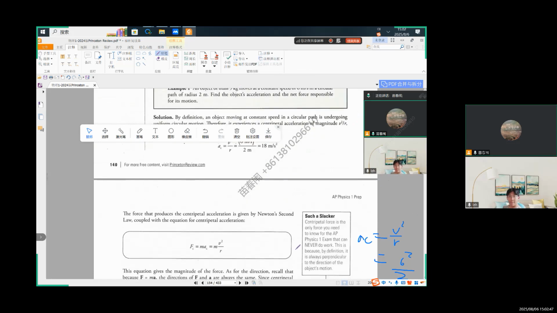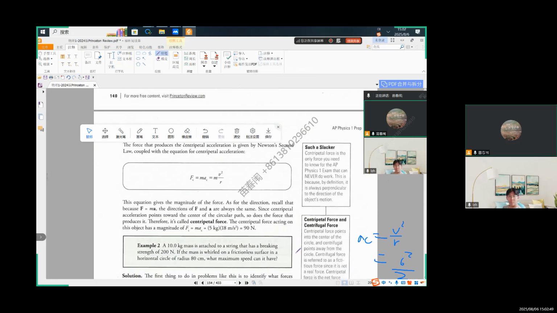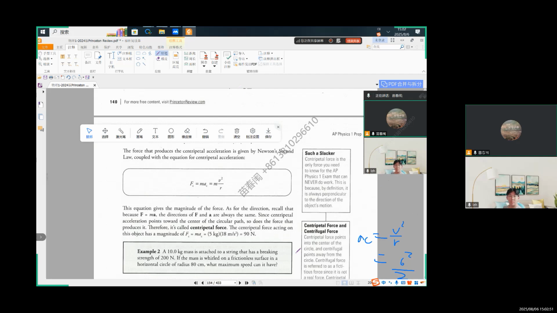This is question 1. Here's 2. Figure 2. The 10 kilogram mass has a breaking tension, and you're going to need the maximum speed.